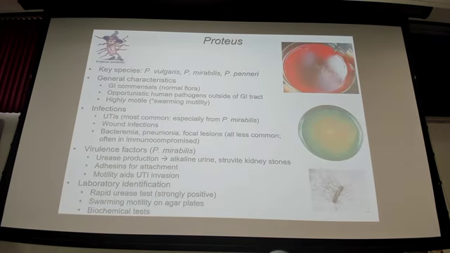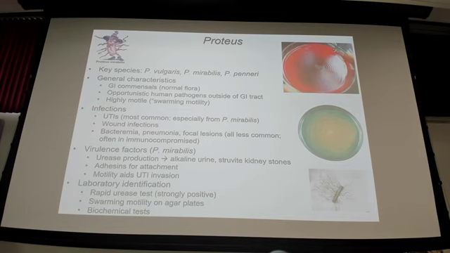Proteus is an interesting one, not because of the opportunistic infections per se, but because of its characteristics when you grow it up on a plate. Some of these species are capable of causing diarrhea or UTIs or wound infections, but mirabilis is the one that is mostly associated with UTIs in this genus, Proteus mirabilis.